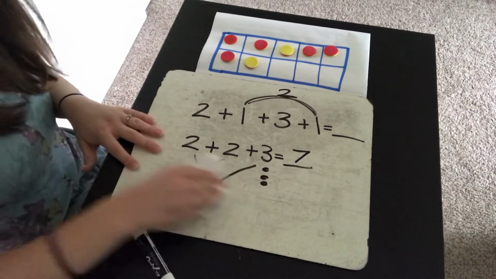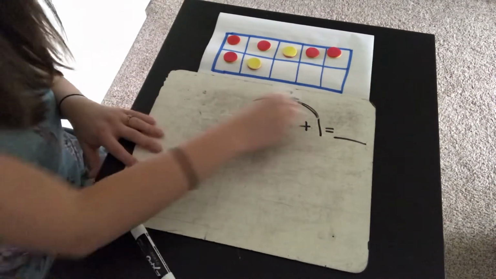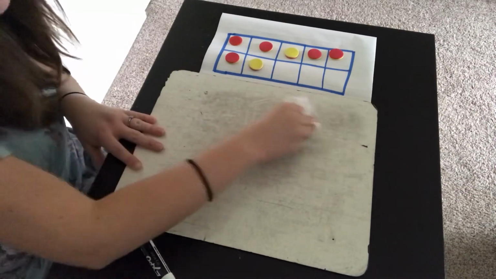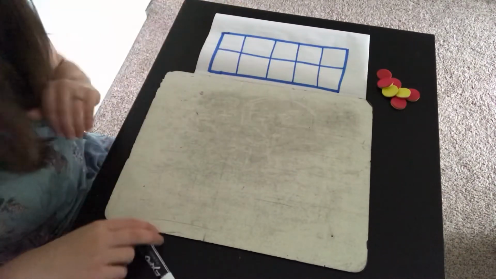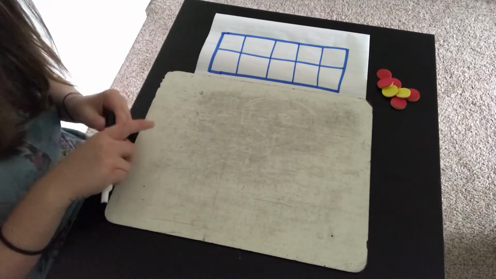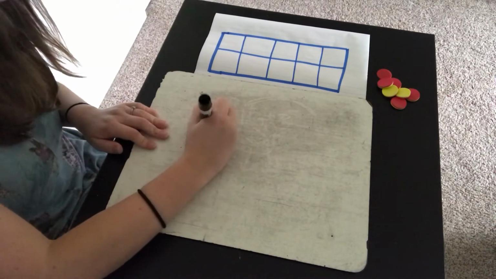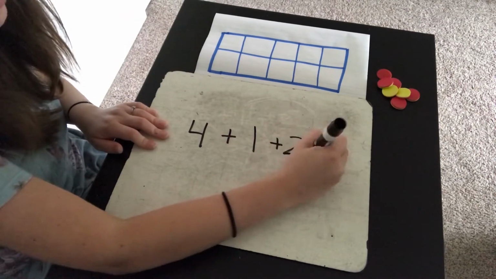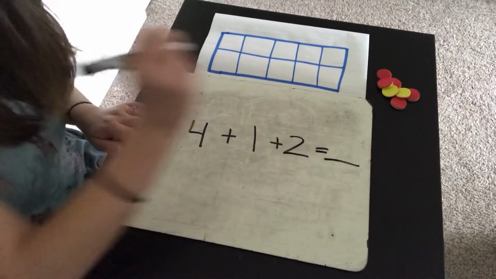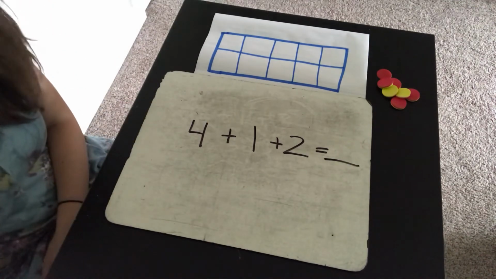Okay, let's do one more with just 3 add-ins because your assignment today is going to involve 3 add-ins. Okay, given this problem, what would you do to solve it?